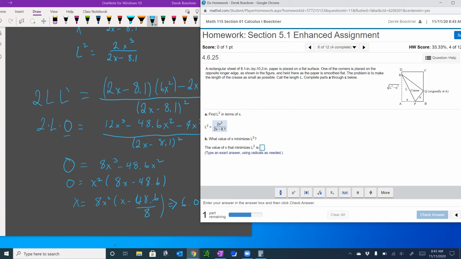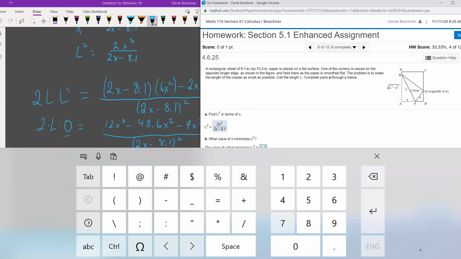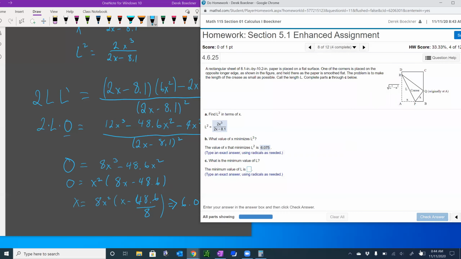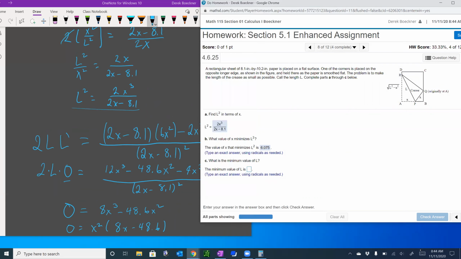I don't think I need radicals. Let's just put in 6.075. And if I put 6.075 in up here, I will get L squared. So I'll take the square root of that. And it wants an exact answer.